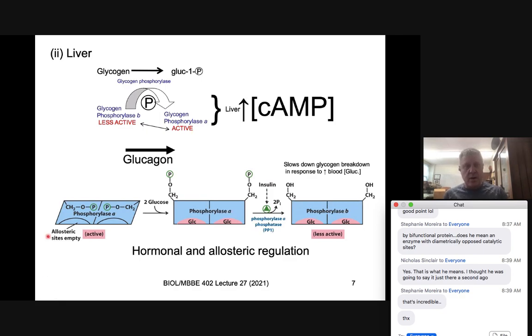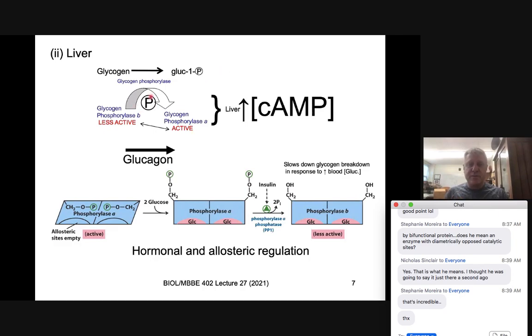So in the liver, glycogen will still go through the same process and degrade using the enzyme glycogen phosphorylase. In this case, it's going to produce glucose 1-phosphate. So it can go through the phosphomutase to make glucose 6-phosphate, and that can go off into the glycolytic pathway.